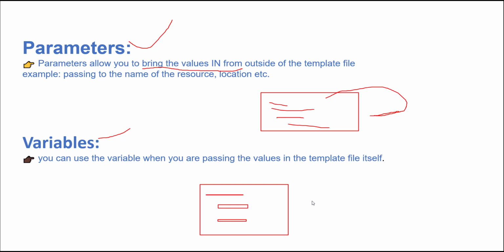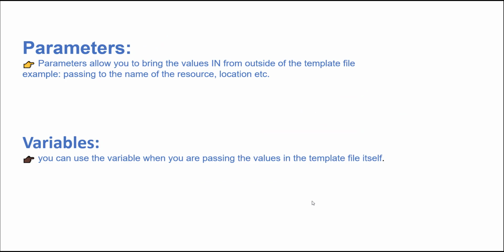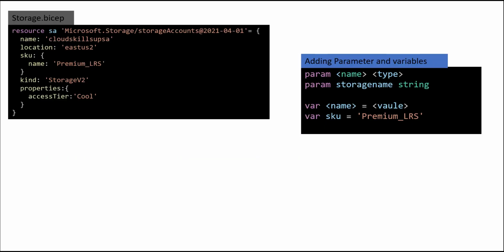So in our example, let me remove all these things. If you talk about our example, we are using the storage account for our demo, right? So in that case we have the resource template file, and we have configured the name within our template file.